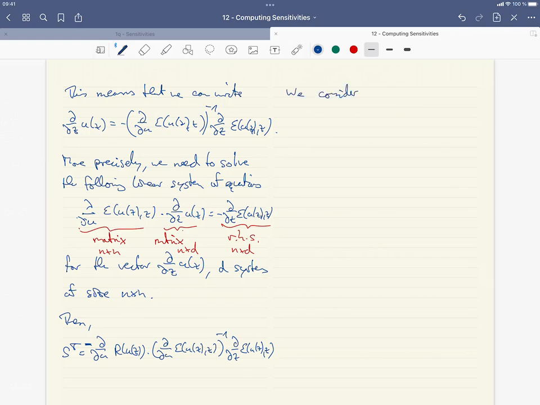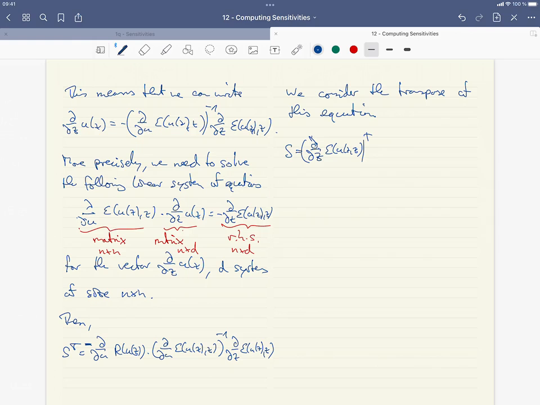We just consider the transpose of this equation. Yeah, so I'm putting a transpose on everything. So I'm writing S. And with the transpose, the order changes. So it's a d over dz e of u of z comma z transpose.